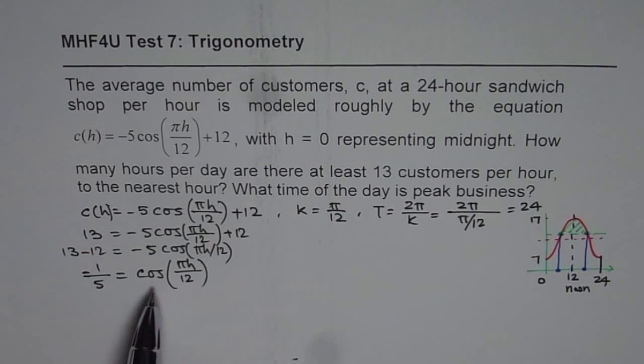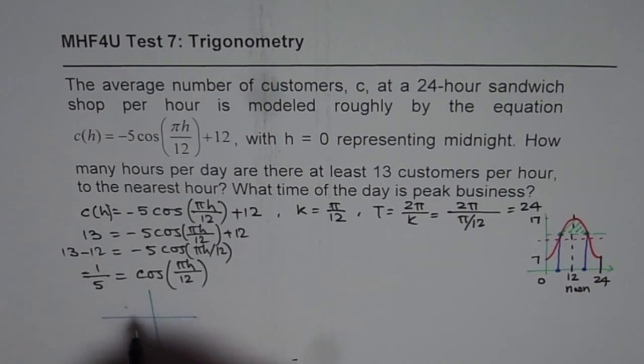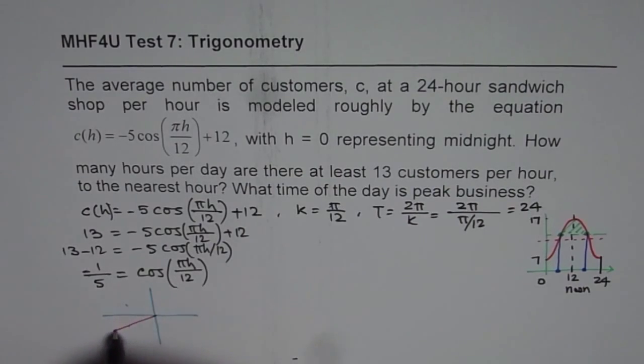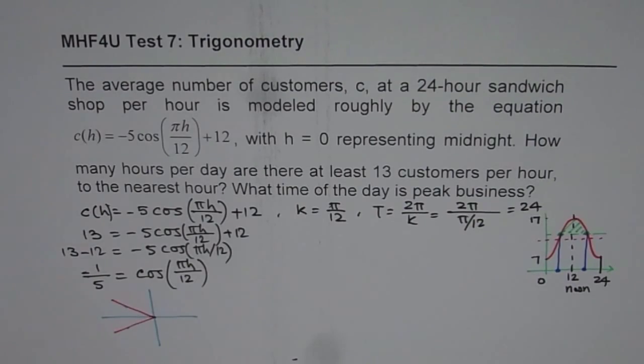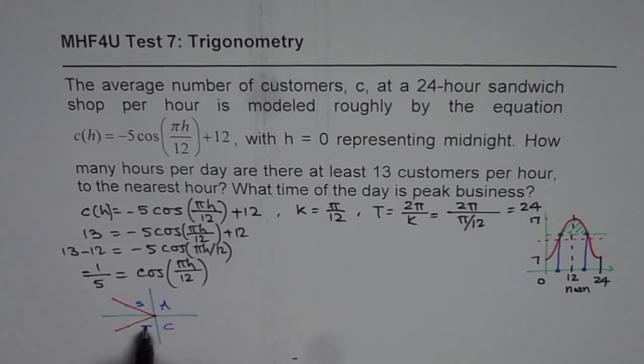Now, cos is negative in which quadrants? Cos is negative in two quadrants, quadrant 3 and quadrant 2. As you know from the CAST rule, all are positive in quadrant 1, sine in quadrant 2, tan in quadrant 3, and cos in quadrant 4.